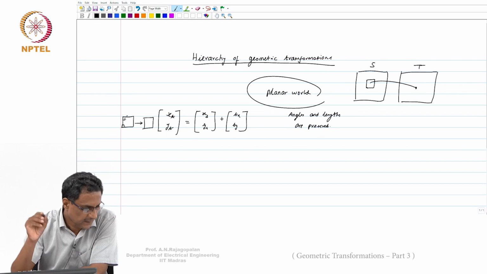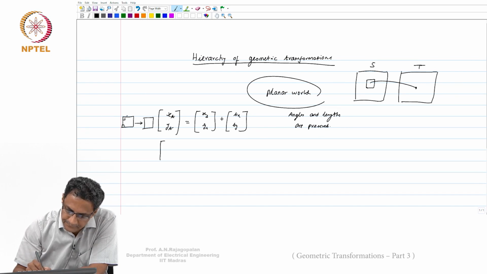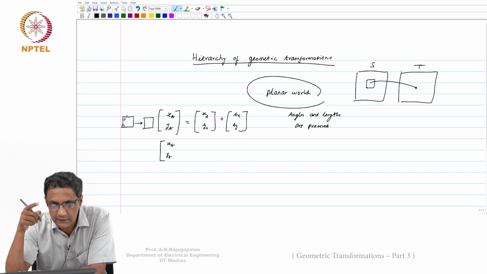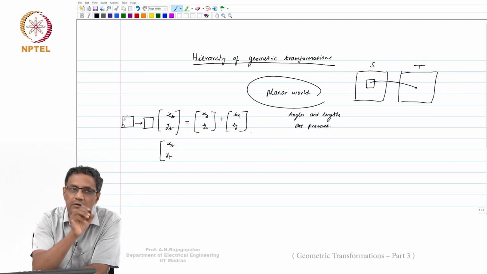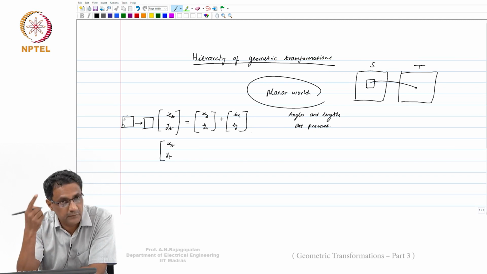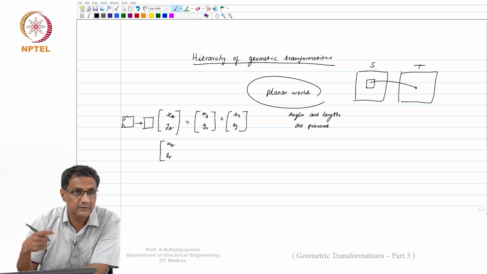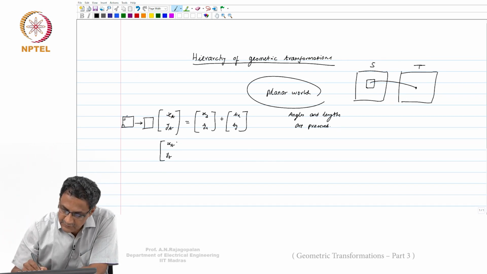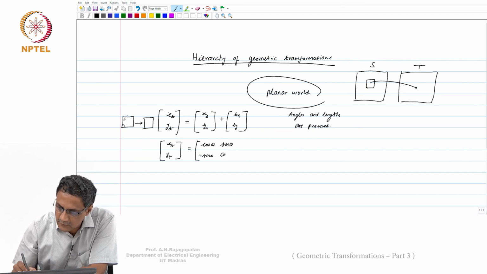The next one is a rotation, and all of this is in the image plane. This is all motion in the image plane. Tx, ty is all in the image plane. Down the line, we will see when the camera motion enters the picture. xt, yt is equal to the matrix cos theta, sin theta, if you are looking at a clockwise rotation, minus sin theta, cos theta, times xs, ys.